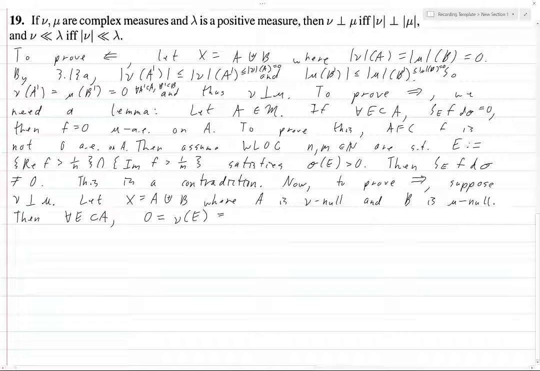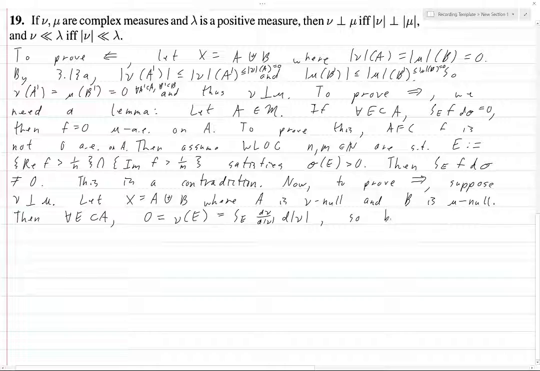But then by the chain rule, this is equal to the integral over E of d nu d nu d nu. Right? Because this is just the integral over E of d nu, and you just add in the total variations of nu.